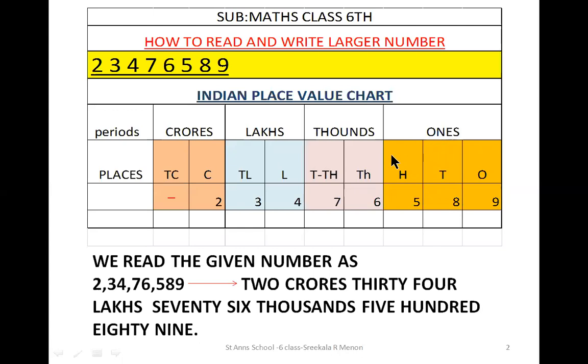The next 2 places, that means thousands and 10,000s, form the thousands period.